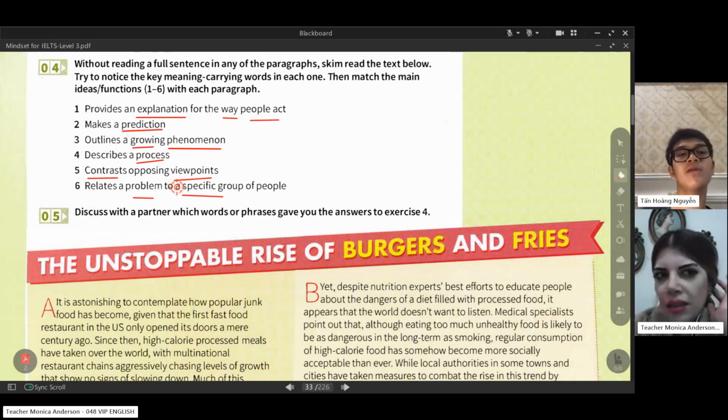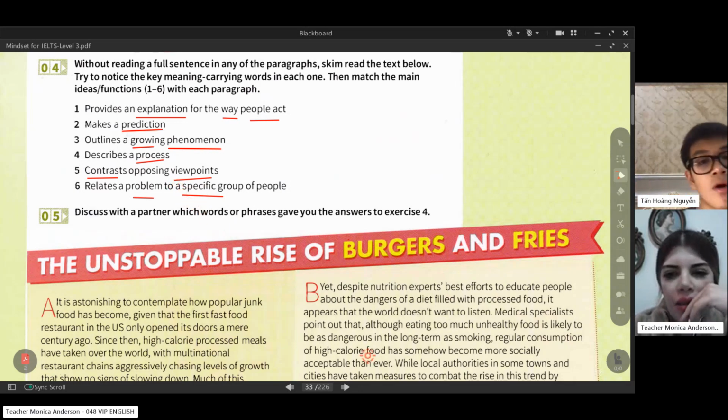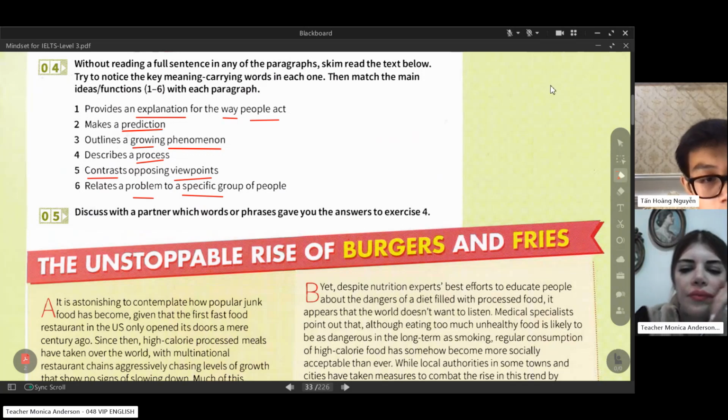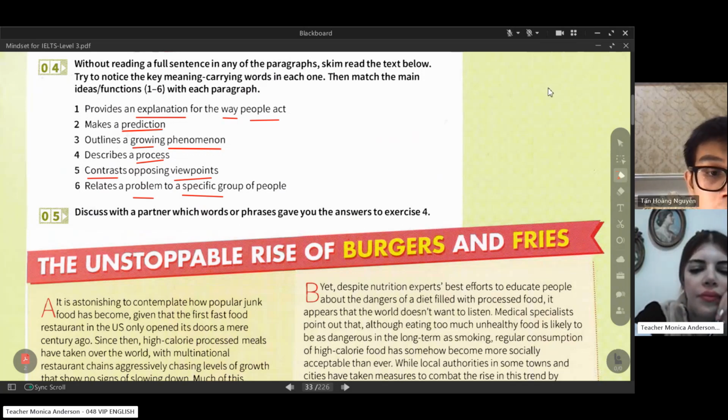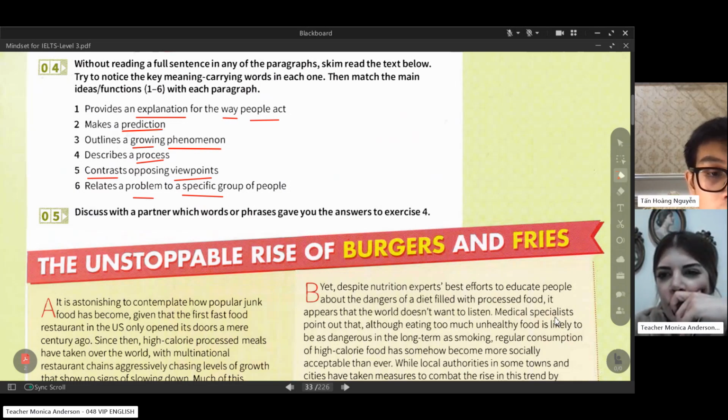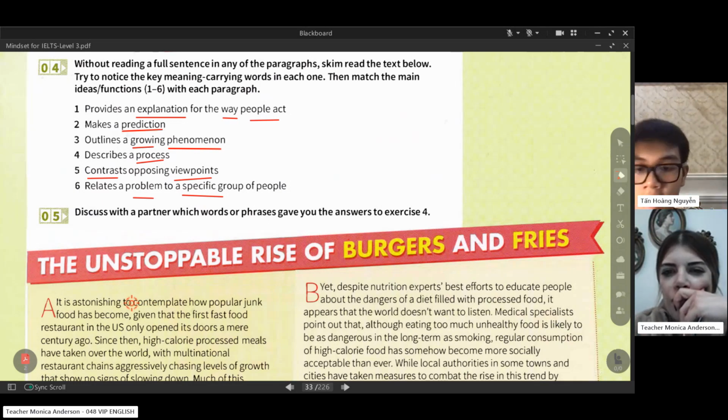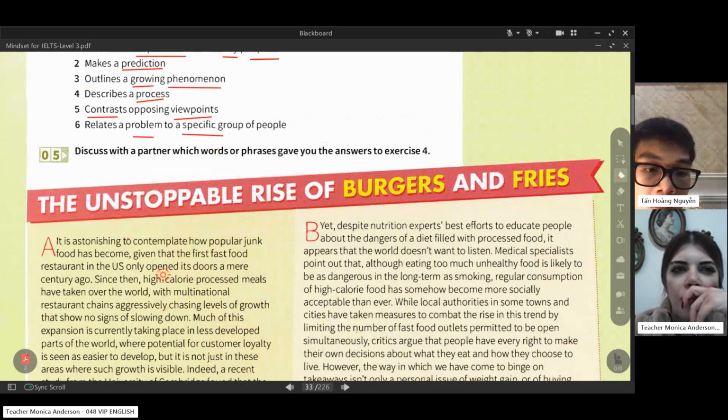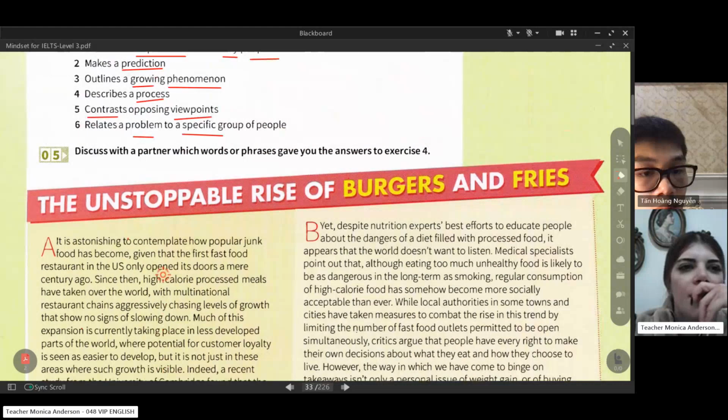Yes, but if I do this, I can see the part clearly. Can you scroll down, please? Of course.